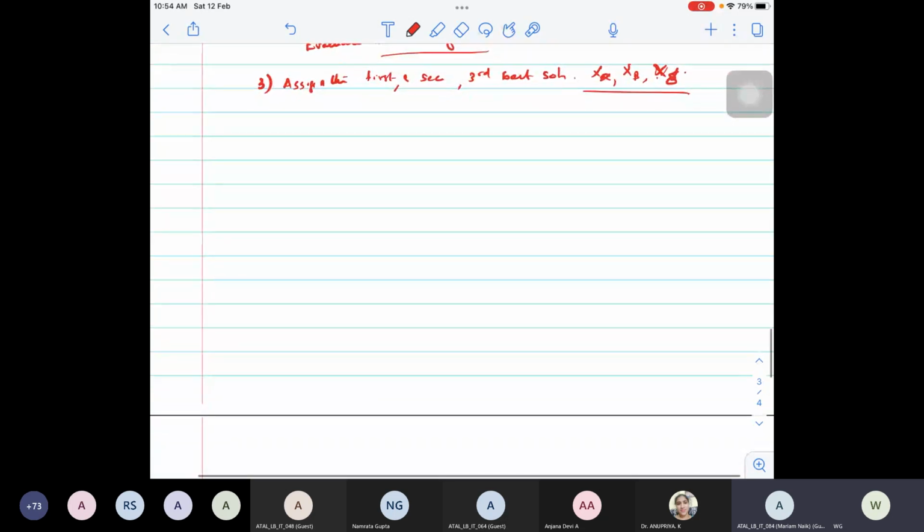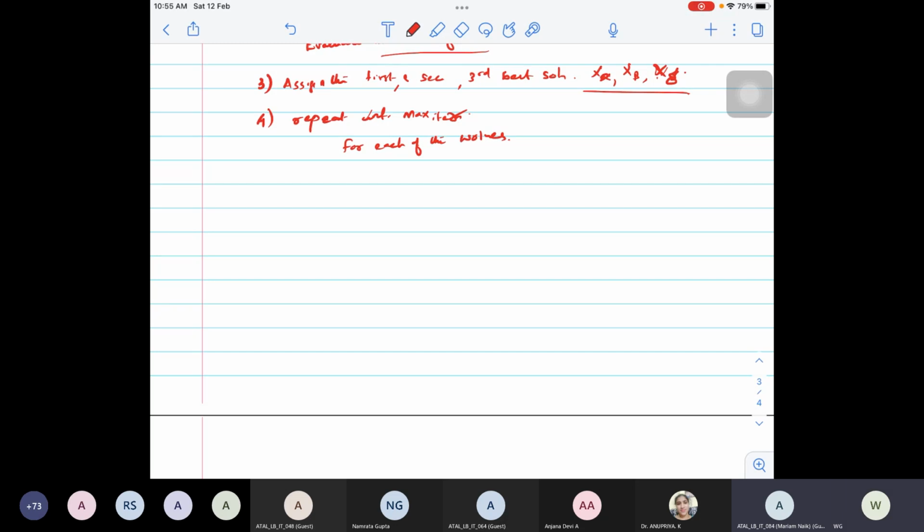Then you have to repeat until the maximum iteration. For each of the wolves, we update the parameters.